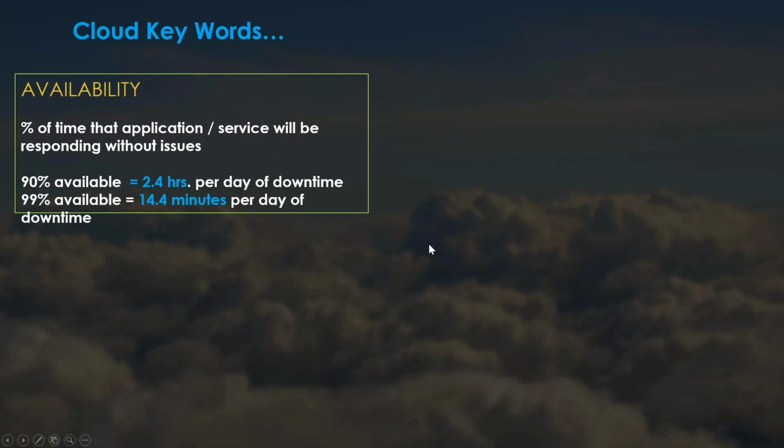Okay, perfect. Now, as you correctly mentioned, there are a few things which are really important. When we talk about cloud, availability is really important. The availability of your application is proportionate to the availability you are expecting.